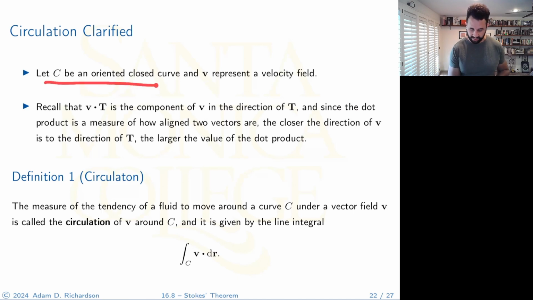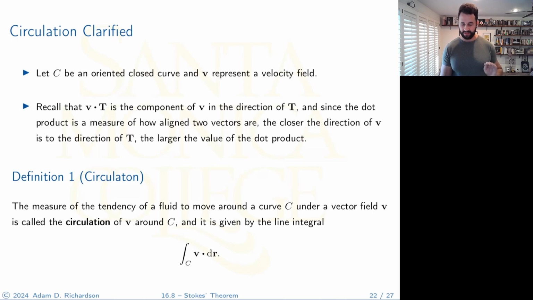So let C be an oriented closed curve, and let V represent a velocity field for now. Remember that v dot T is the component of that vector field in the direction of T, where T is the unit tangent vector on C. If you remember from way back in chapter 12, I mentioned that the dot product basically measures how aligned two vectors are as long as they're unit vectors.